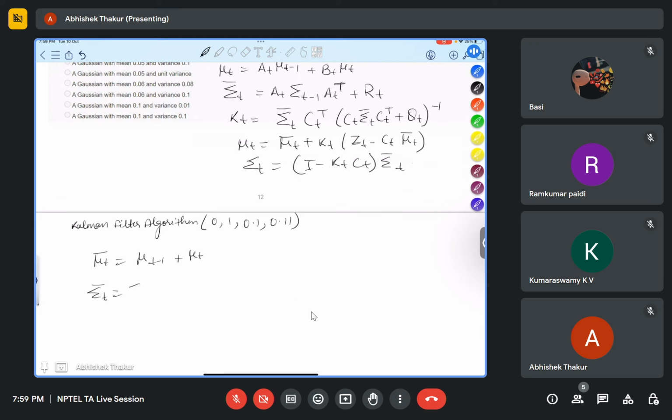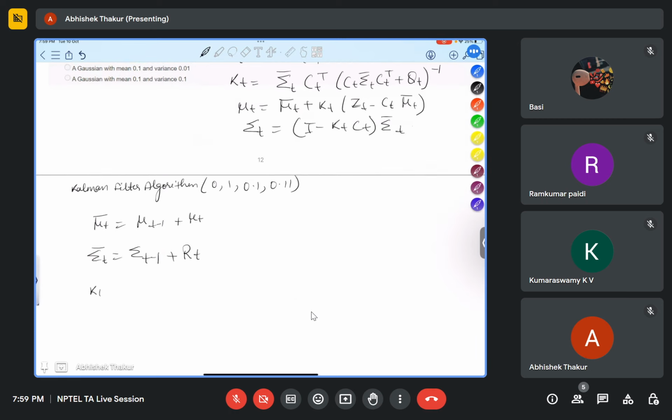Sigma t bar is equal to sigma t minus 1. A_t transpose will also become 1, plus R_t. Kalman gain K_t is equal to sigma t bar C_t. C is also 1, so this term we can remove, plus Q_t inverse.